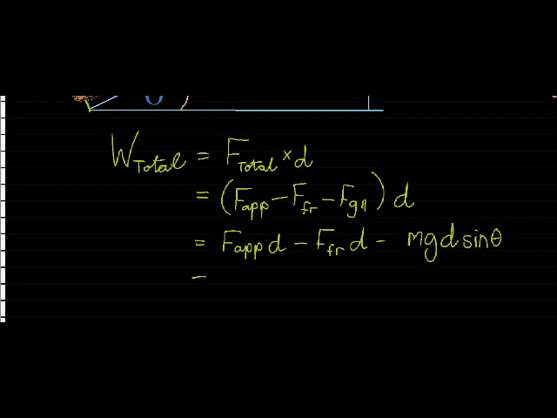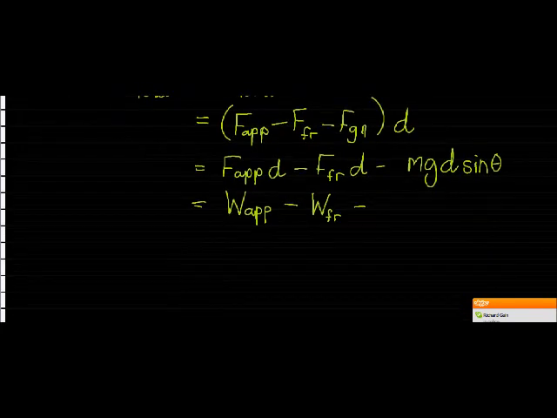Now we can see the force applied times distance is the work that Fred and Barney are applying. The force due to friction times distance is the work they have to do to overcome friction. And this would be the work they have to do to overcome gravity.